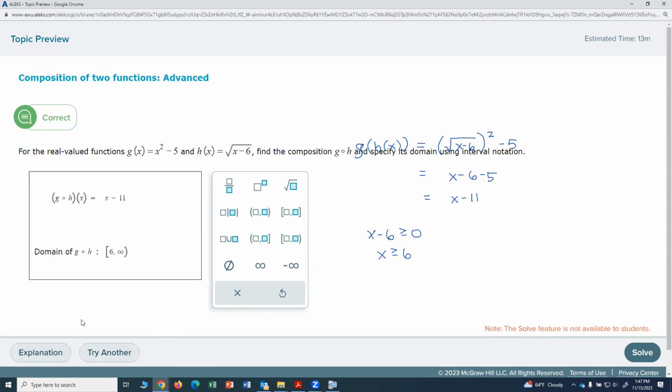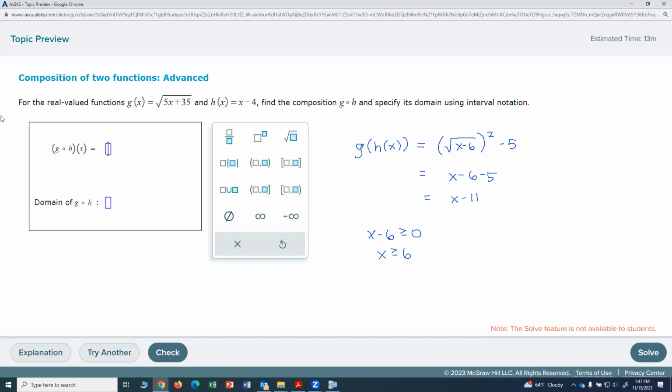All right, let's do another example. Let me go ahead and clear my ink there. Here we have g of x equals the square root of 5x plus 35, and h of x equals x minus 4. We want to find g of h.